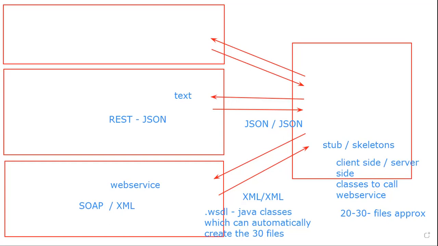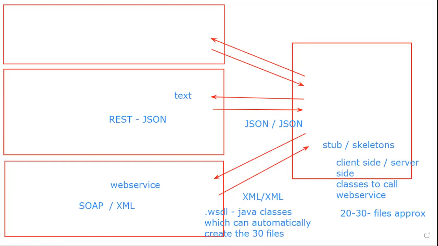Only a stub and skeleton can talk with a web service. The stubs and skeleton talking language, we can say, is XML format. To create stubs and skeleton, we use WSDL. That is why they give the WSDL.